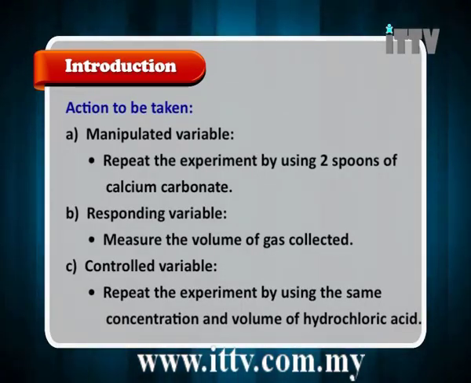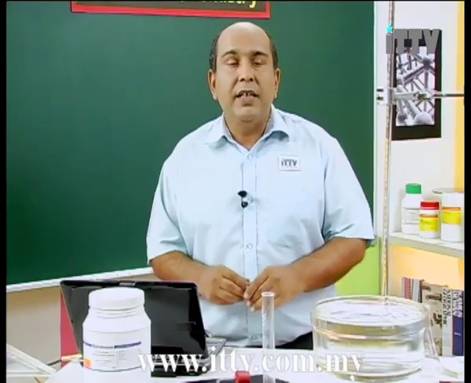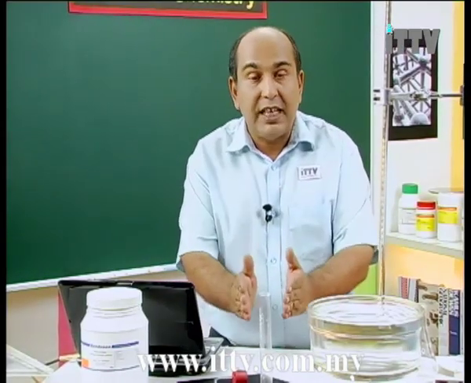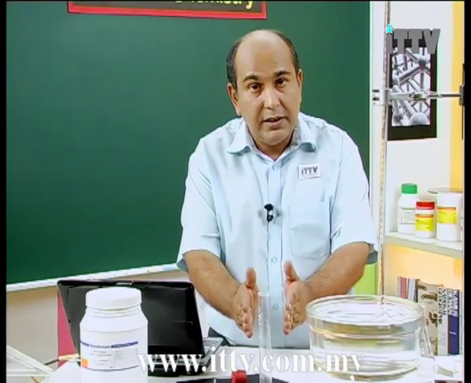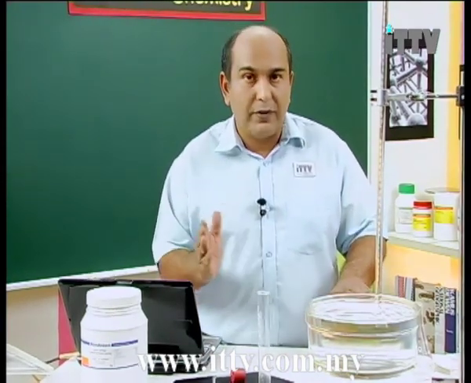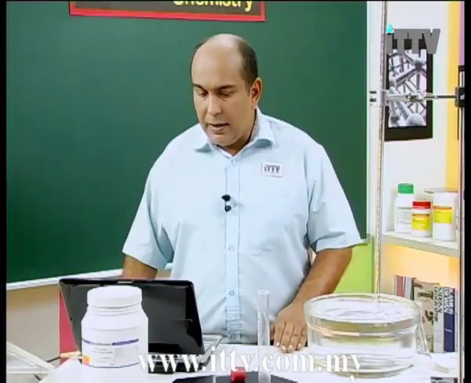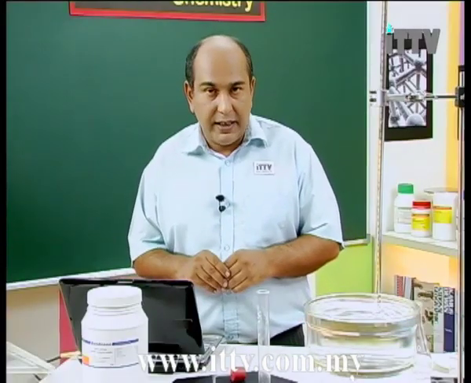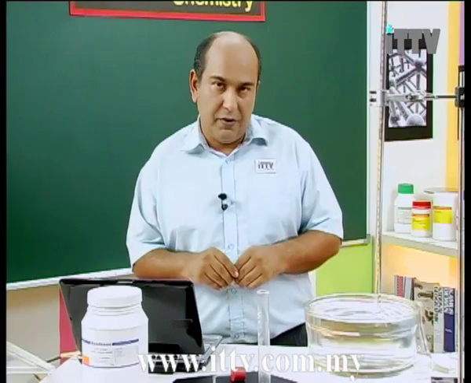Controlled variable: repeat the experiment by using the same concentration and volume of hydrochloric acid. Meaning that in each case, I should use the same amount of hydrochloric acid and the same hydrochloric acid throughout the experiment. Now that we've had a look at all of these things, let's do the experiment.